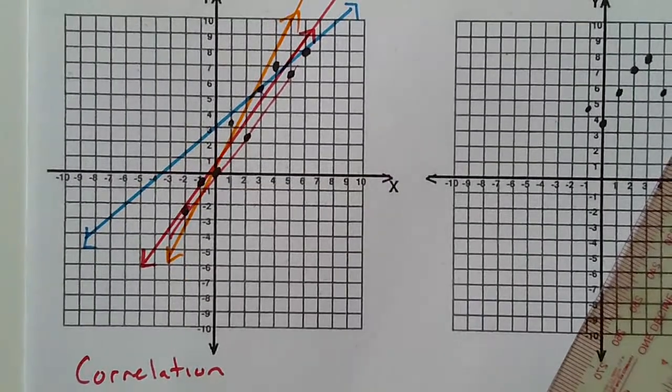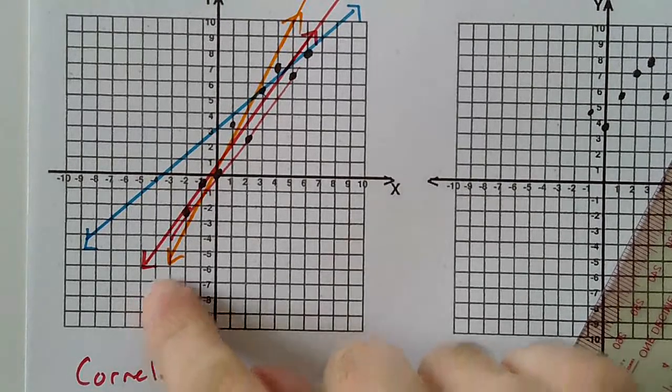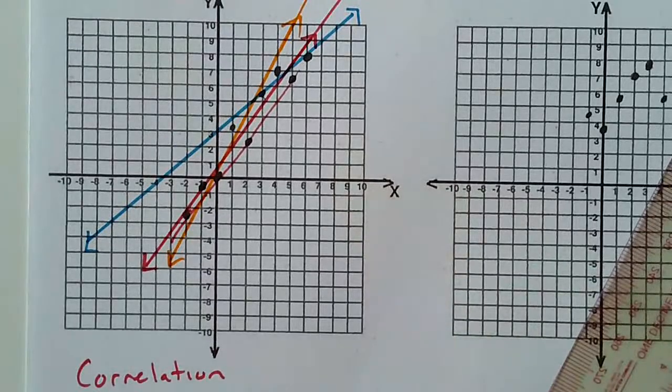So in our correlation here, we would say it's a positive correlation, and it's positive because, like in the last video, it's going up. And we would say it's a strong correlation because the dots are pretty close to the line. The dots are pretty close to the red line. So that makes it strong. If they were far away from the line, they would be weak. We'd say it's a weak pattern or a weak correlation.